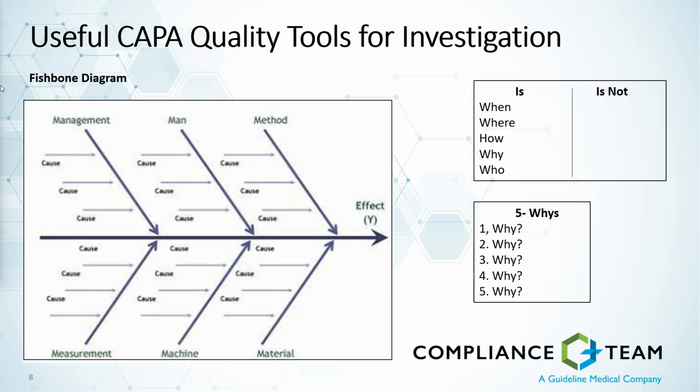The next question is, now we're on question 4, why wasn't it reset? Perhaps that is a problem with the post-production check. Why did the post-production check fail? It's not specified in the procedure for the post-production check. So now you have a root cause and you have an obvious corrective action.